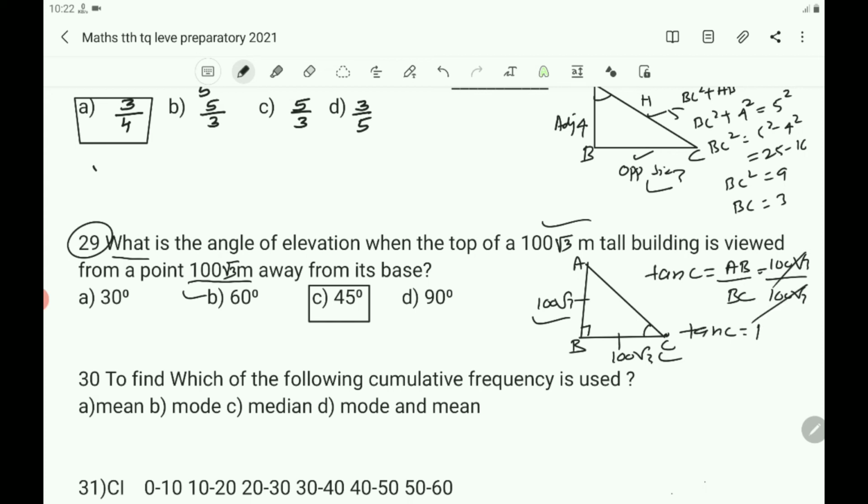These two cancel, you will get 1. Then tan of how much is 1? Tan 45 degrees is 1. So you will get C equals 45 degrees. So you got the same answer. If you use the logic, you will get the answer easily.